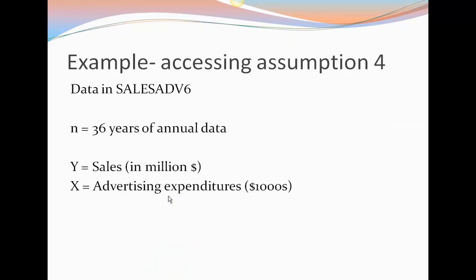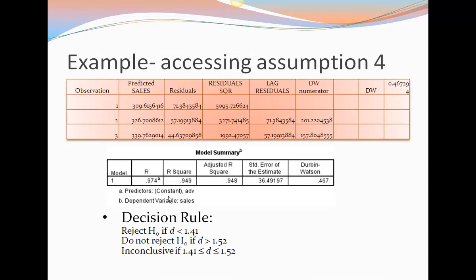So here's the example using sales advertising data: 36 years' worth of annual sales data and advertising expenditures. Our decision rule: reject if D is less than 1.41, do not reject if greater than 1.52, and inconclusive if between 1.41 and 1.52. You can see in Excel we come up with 0.467. We get the same thing using SPSS.